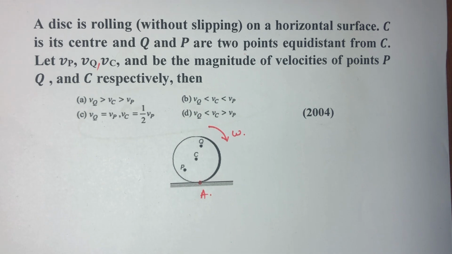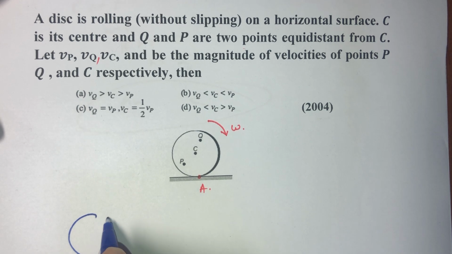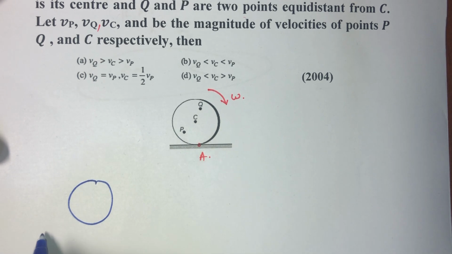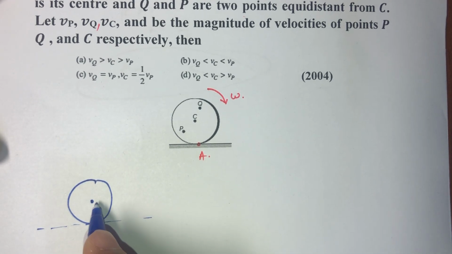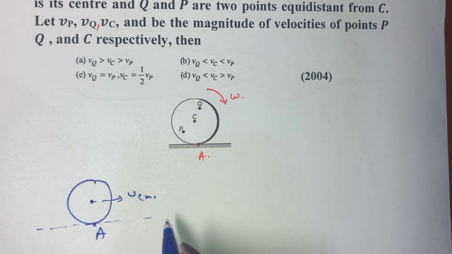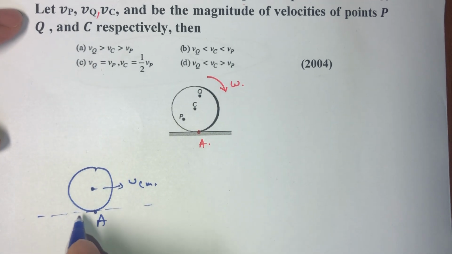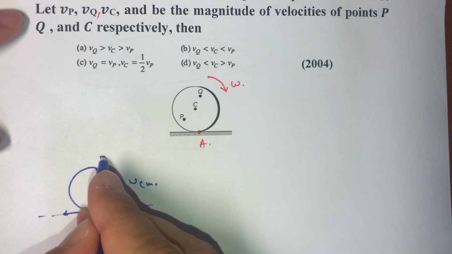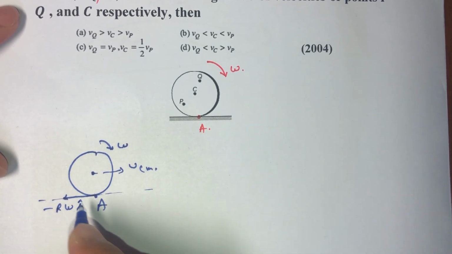For this, let us suppose we have a circular disk or any circular object which is moving, and A is the point of contact, and the center of mass has a velocity of VCM. Then this point A is going to have a velocity in the opposite direction, moving with the angular velocity omega, which we can write as minus r omega i, where r is the radius.